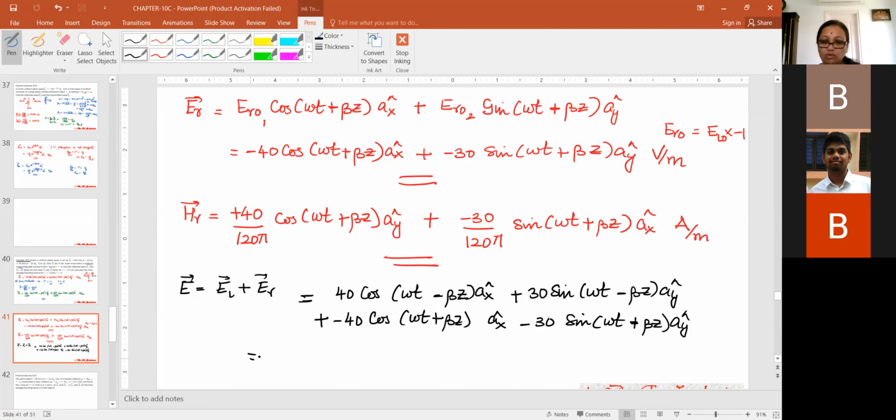Once you do that, you will get minus 80 sine omega t, then cos of beta z a x cap, then minus 60 cos of omega t, then sine of beta z along the a y cap.